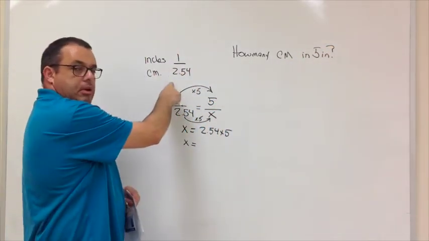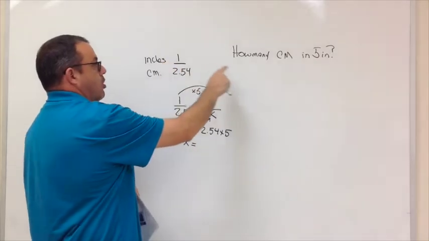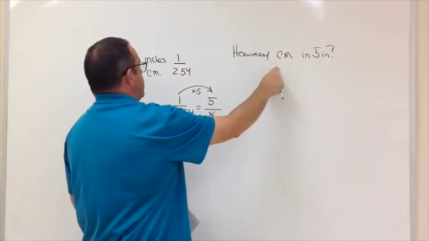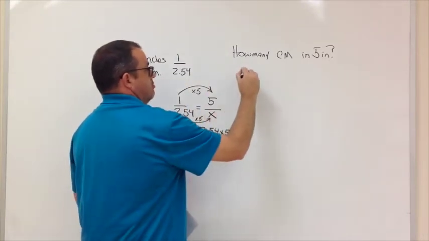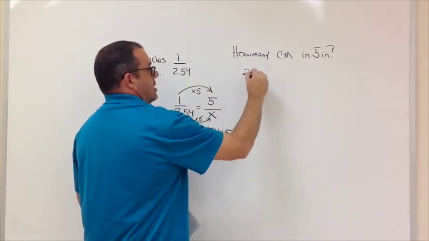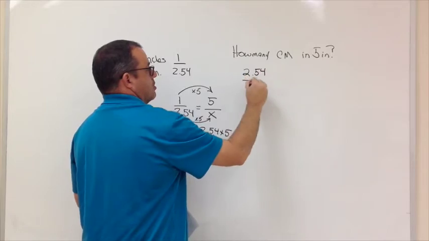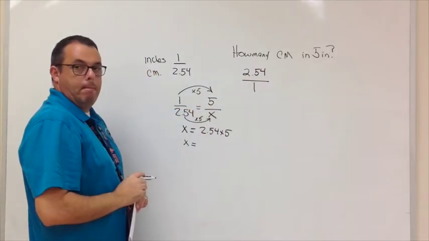So I'm going to look at my ratio again. I'm going from centimeters to inches, so I'm going to write this as 2.54 to 1.